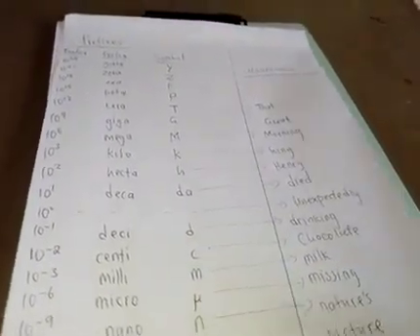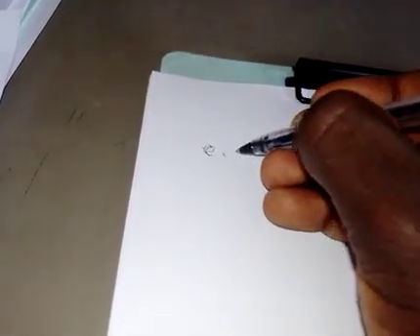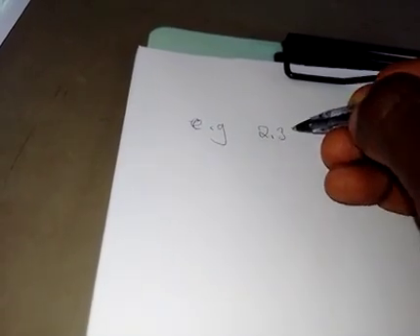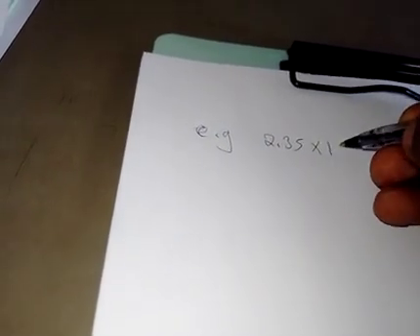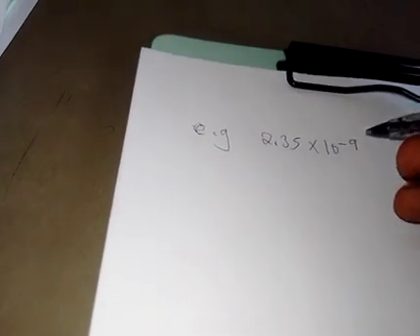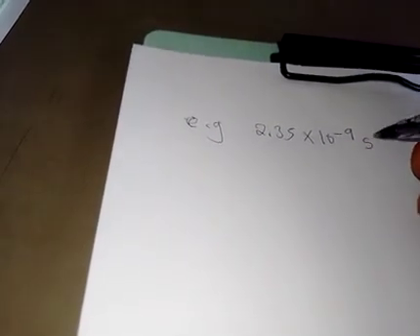An example where we can use prefixes: let's say we have 2.35 times 10 to the power negative 9 seconds.